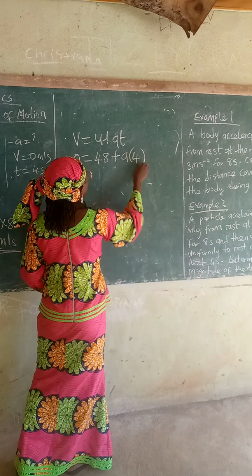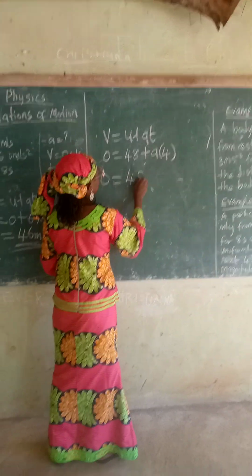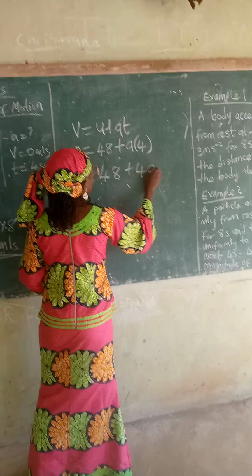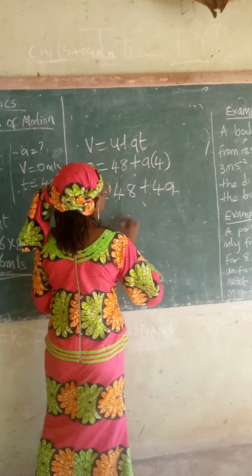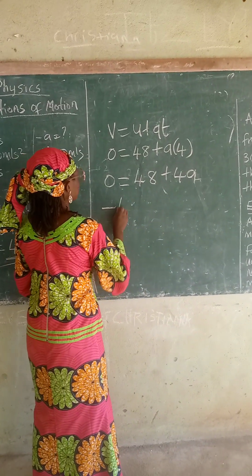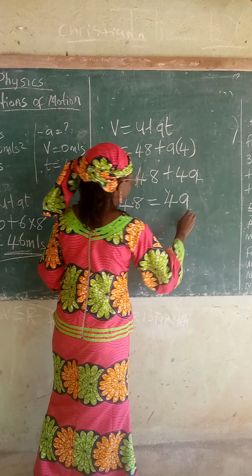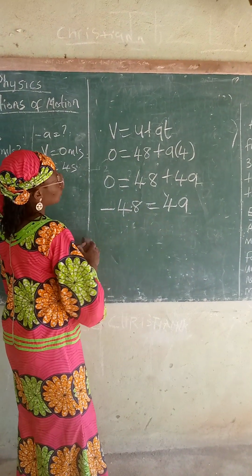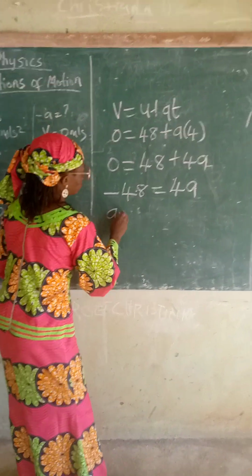Then we have our time to be 4. So we have 0 is equal to 48 plus 4a. If we take either of them to the other side, we have minus 48 is equal to 4a.